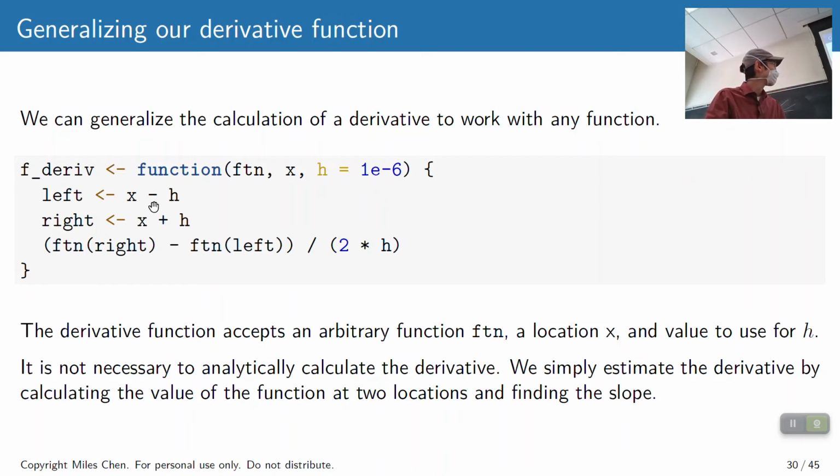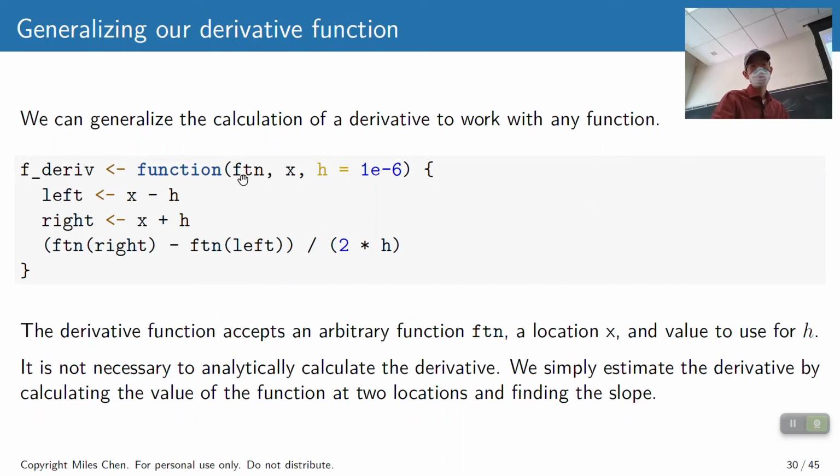On the left-hand side, we're going to do x minus h. On the right-hand side, we're going to do x plus h. Calculate f on the right-hand side minus f on the left-hand side, take the difference, and divide by 2h.